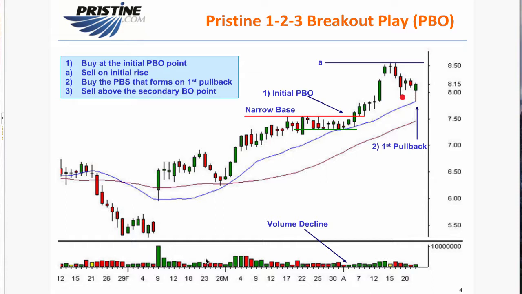Or what some other traders might do, you might look to buy the initial breakout, sell part of your position as it moves up here, and then add to your position on the first pullback, assuming it triggers, because at this point it has not yet done so. So that's another choice that you have.